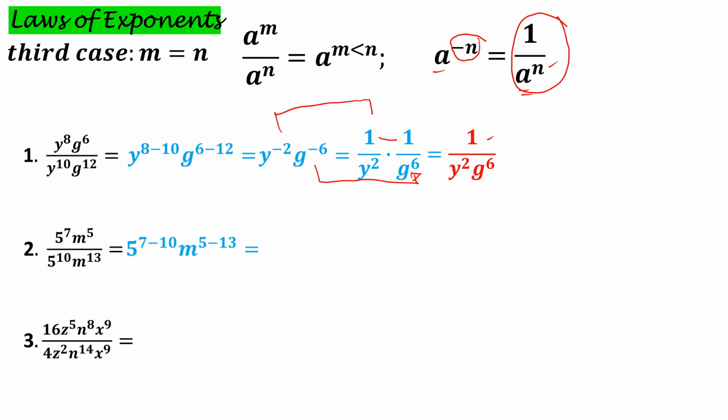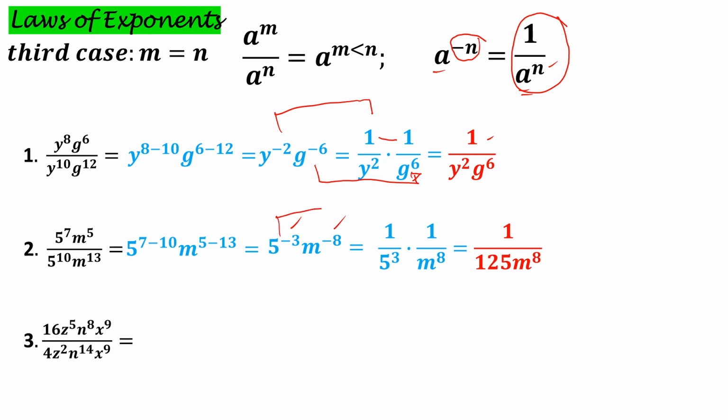So again, the 5 to the 7 and 5 to the 10 have a common base. Thus, we just simply subtract. So 7 minus 10 and 5 minus 13, then it gives you 5 to the negative 3 and m to the negative 8, and they both have a negative exponent.